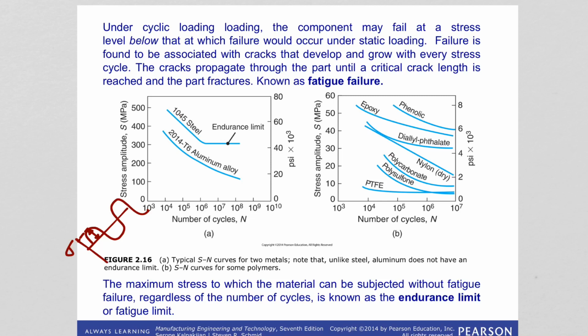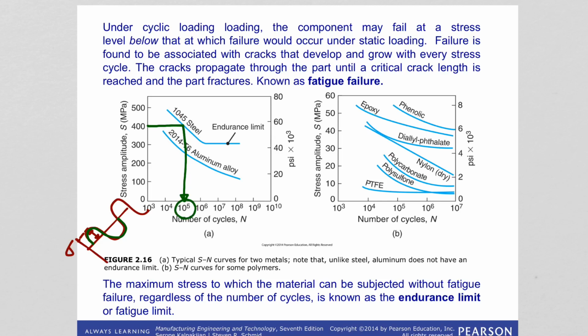So one cycle is one cycle of tension and compression. This is one cycle. And for each stress amplitude, let's say if you look at the chart here, at 400 megapascal stress amplitude, they measured how many cycles necessary for the part to fail. So it's 10 to the power of 5.